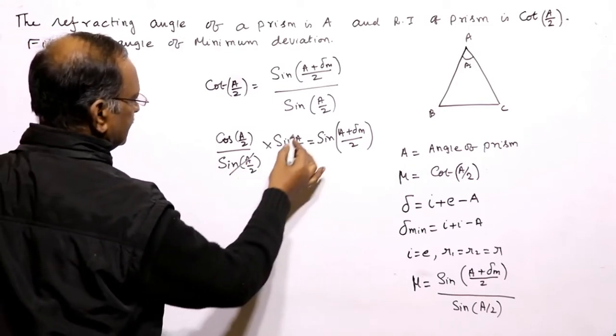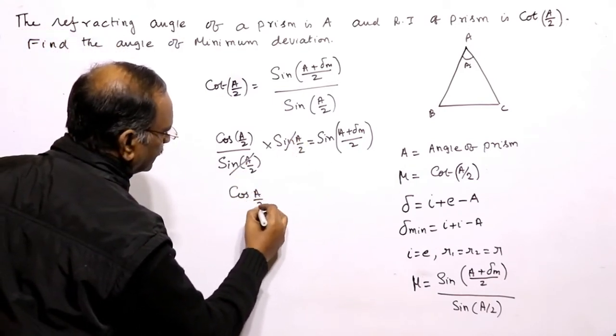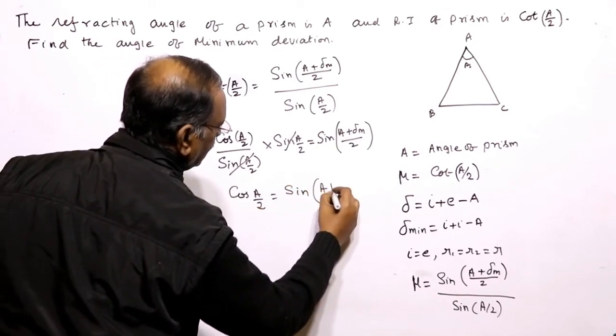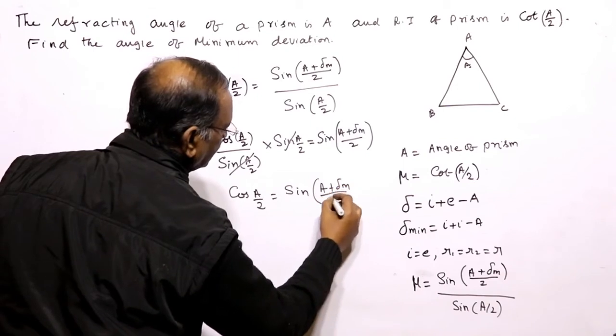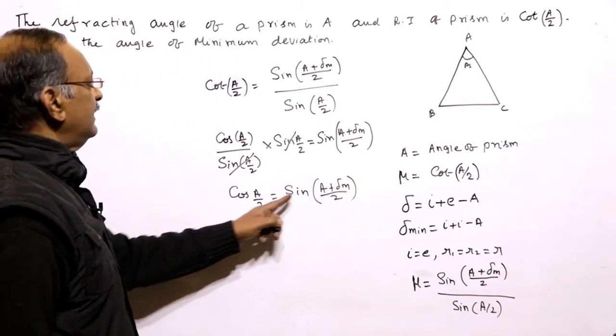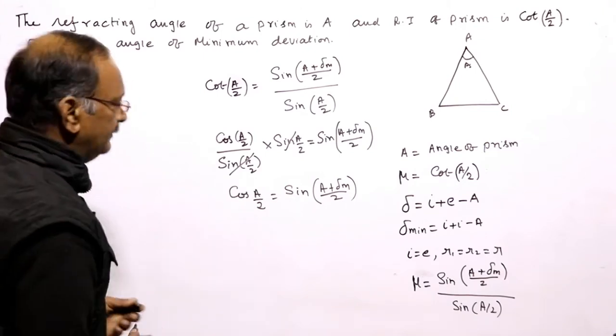So these get cancelled, therefore cos of A by 2 is equal to sine of A plus minimum deviation divided by 2. So here is sine, here is cos. So cos can be converted into sine.